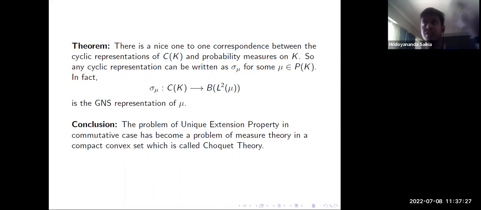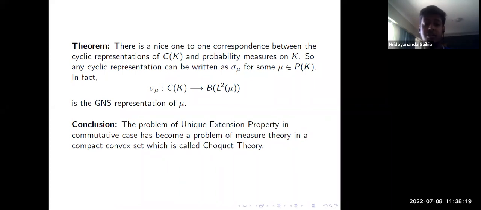Now we started with the representation of the commutative C star algebra. We asked the question of unique extension property for some very abstract topological space X and some very abstract Hilbert space H. Now we are at a point where all the problems are reduced to problems about measures on convex sets, on the convex set K. Now we have all the technologies, like convexity, the theory of convex functions, affine functions, and concave functions, to answer this kind of question.